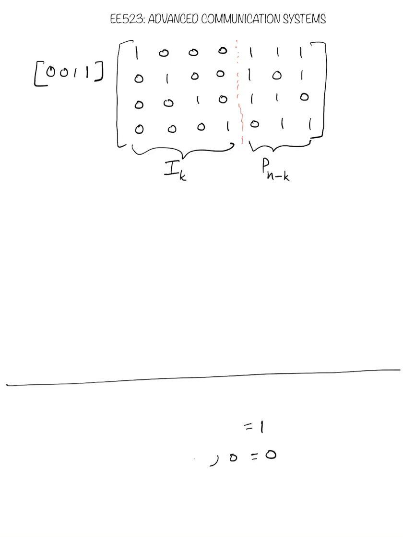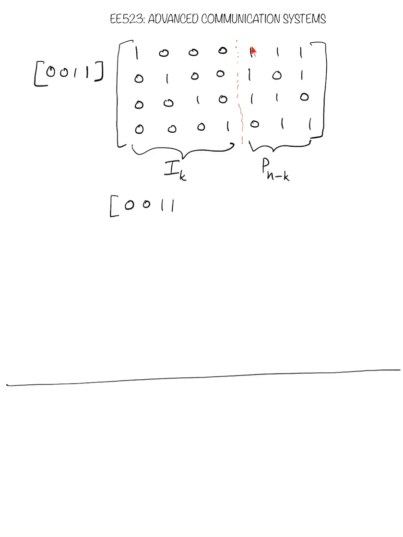Remember that the additions that you do here are modulo 2 addition, or in electronics terms the XOR operation, right? So again, when we multiply this, the first 4 bits are going to be the same for the code word, because the first part of the generator matrix is the identity. So it will be 0 0 1 1, and now we have to multiply with the parity matrix. So this message with this column.